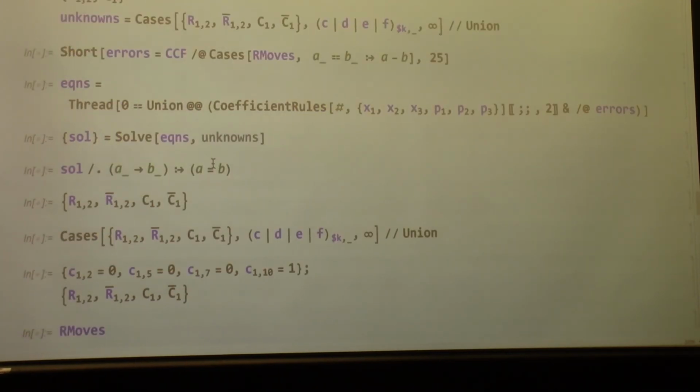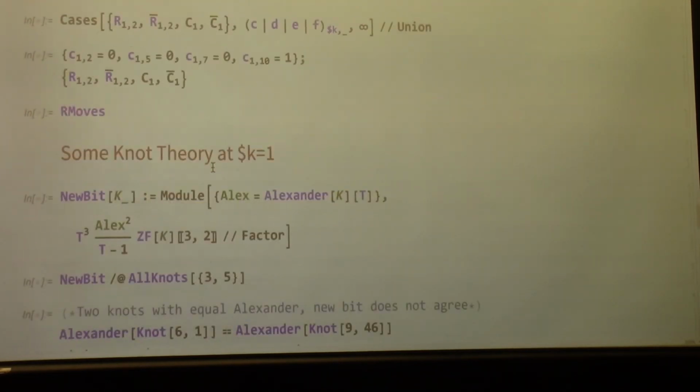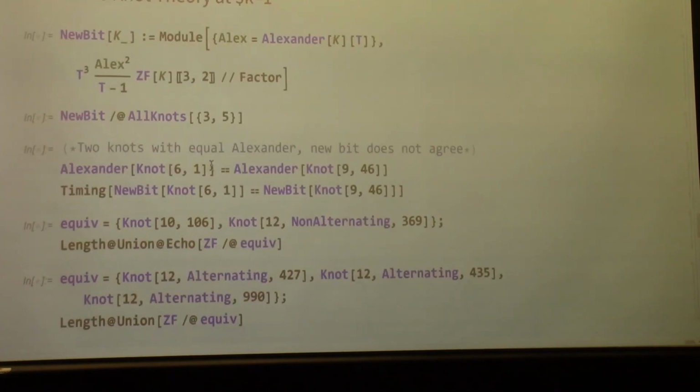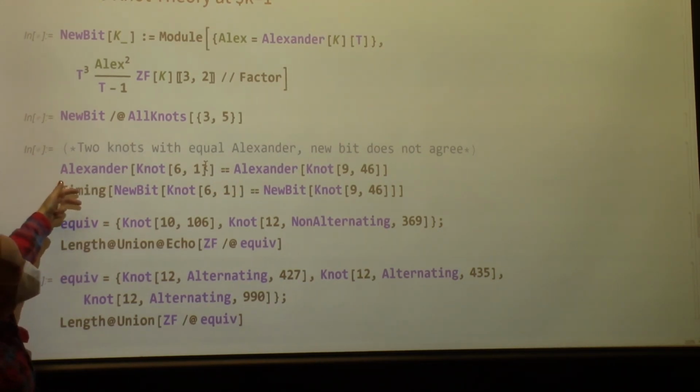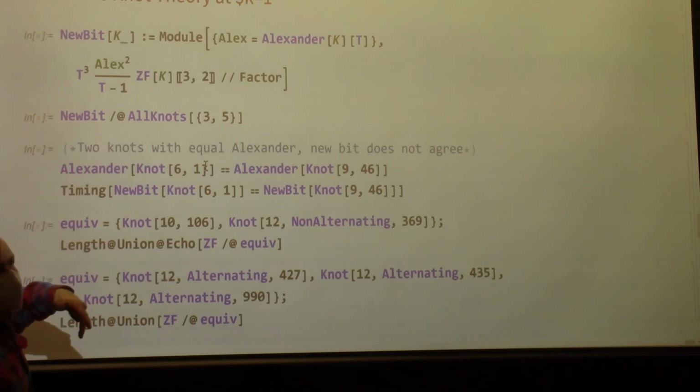I'll end up writing what the resulting R and C R's are, and then I can start computing. So I'll get knot invariants, and in fact it will turn out that the result is actually stronger than what we had before.